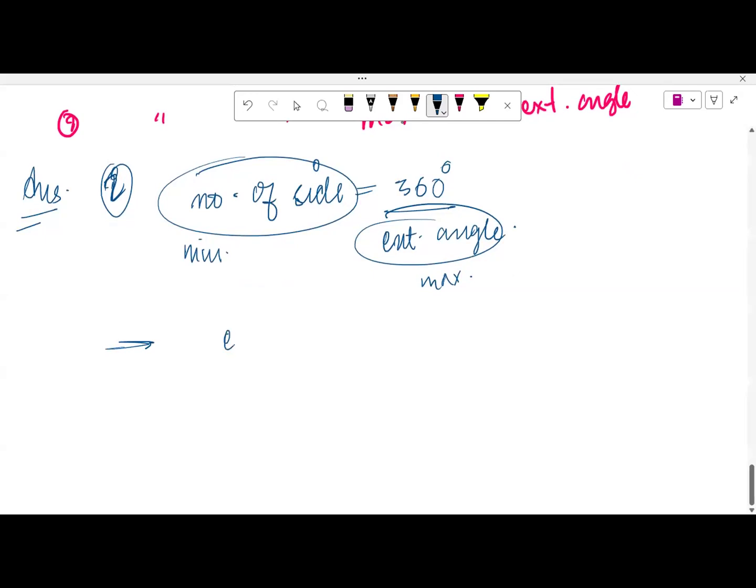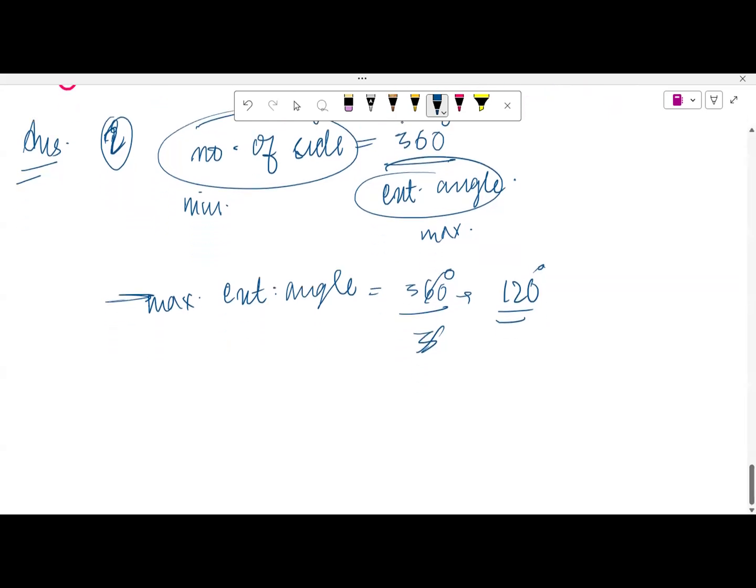3. So the maximum exterior angle can be 360 degrees divided by 3, which is 120 degrees. Now tell me, the maximum possible exterior angle is 120 degrees.